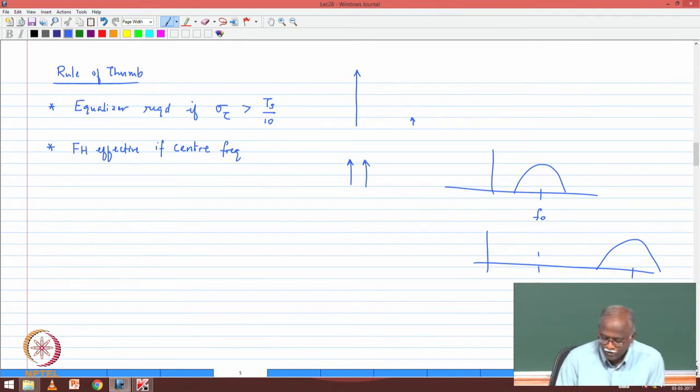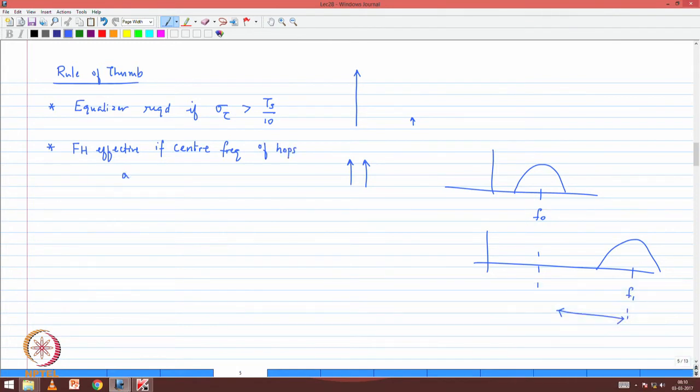That's what we refer to. If the center frequencies of the hops are separated by a frequency spacing that is greater than coherence bandwidth.